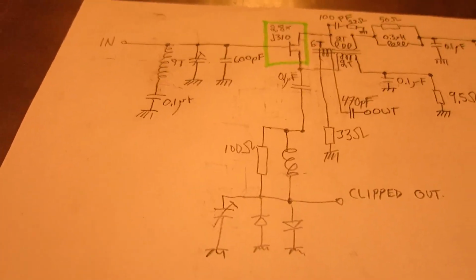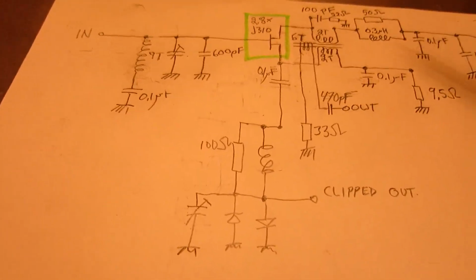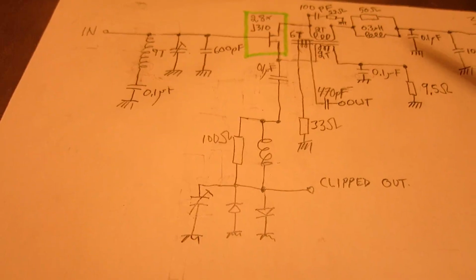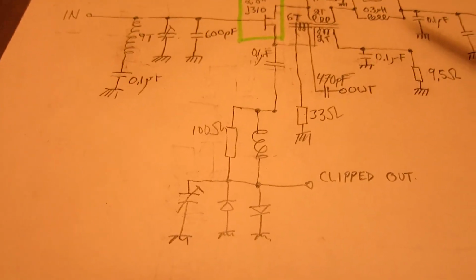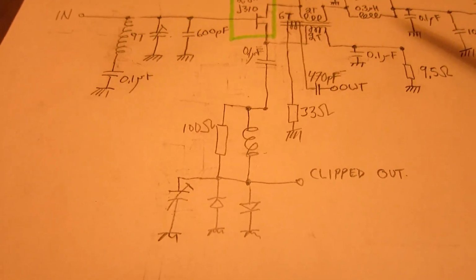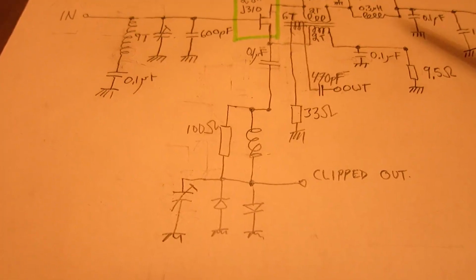When I was experimenting with this limiter, with different circuits to get the proper phase shift, I made a mistake and shorted the source to ground. And that crashed all the 28 JFET transistors.